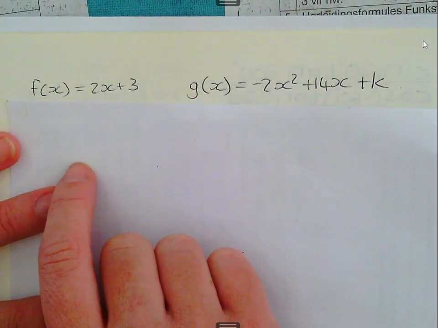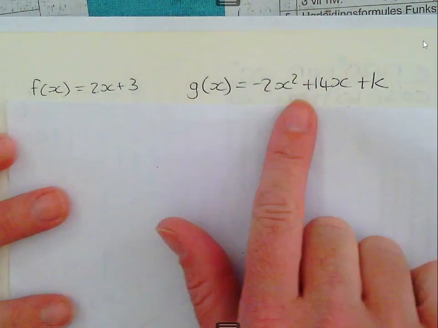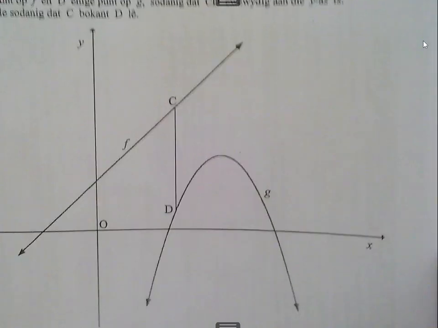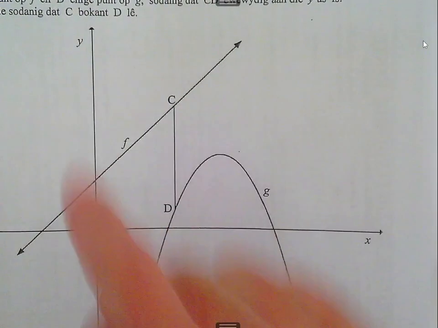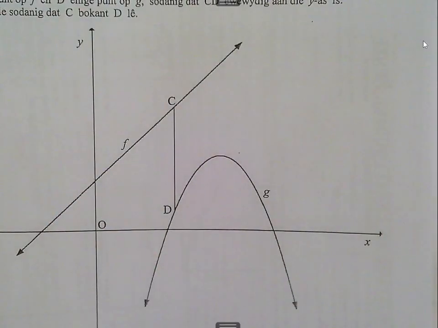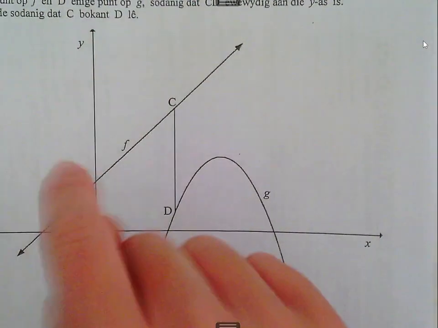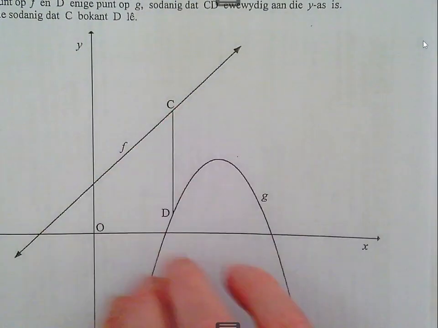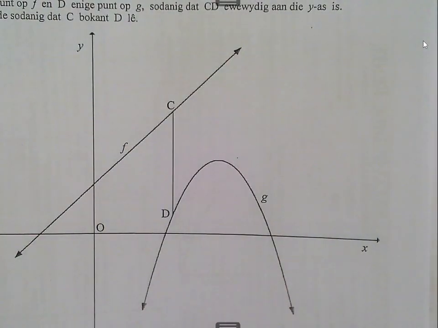So they've given you 2 equations. It's a straight line and a parabola. Now I just want to show you the sketch. Can you see there's once again a line between the functions? But what's different in this one than the ones that we used to do is that the straight line is above the parabola.